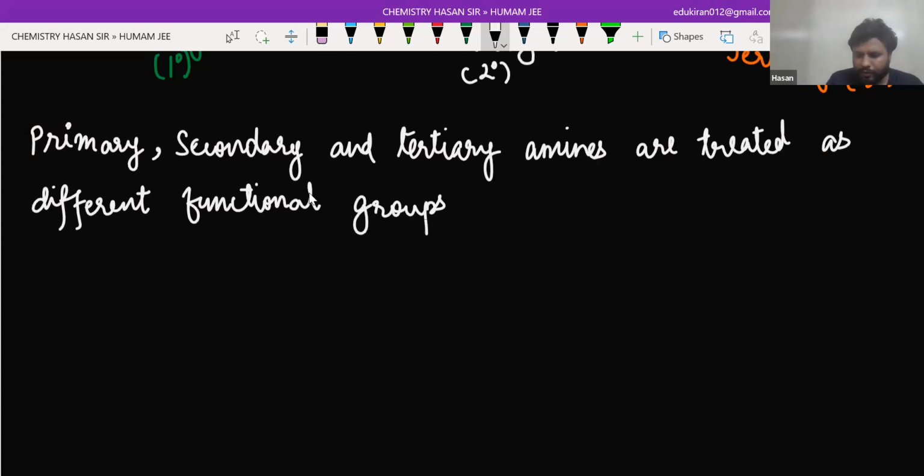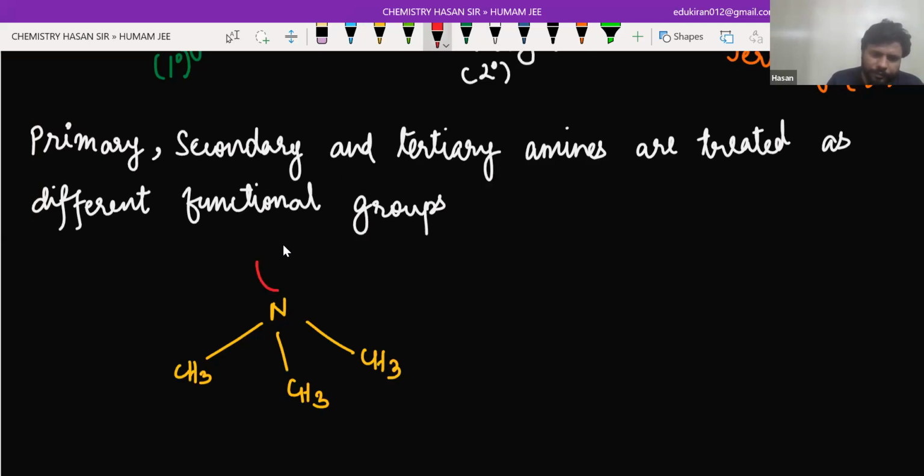If you are going for the structure, let's say tertiary amine, this is your CH3. Three bonds nitrogen will make, and you know that there will be a lone pair. So if you are going to see the hybridization is sp3, so geometry will be tetrahedral.